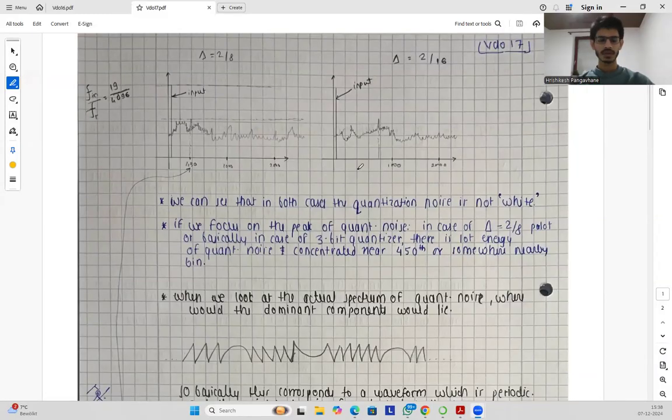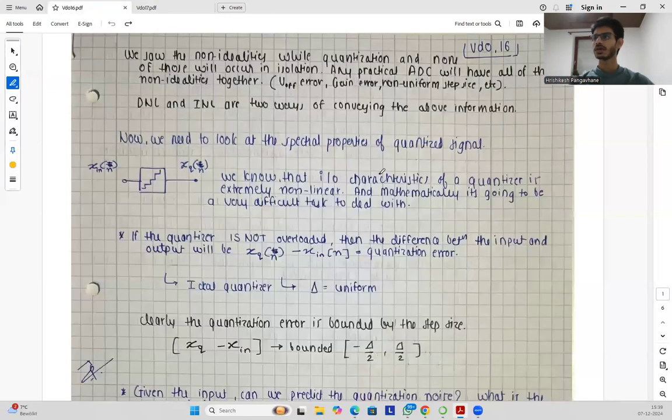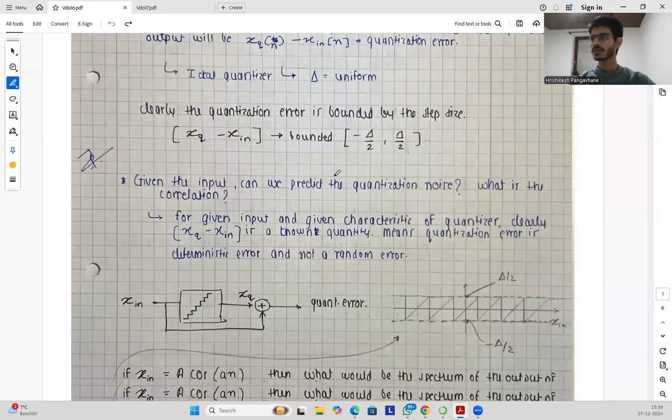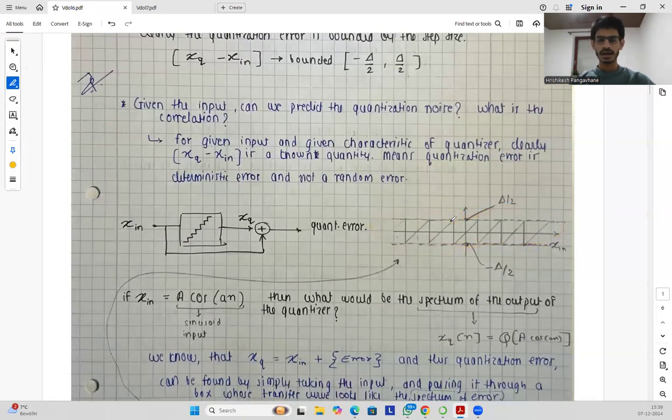Yeah, perfect. So the thing is, yesterday we saw a few things. We talked about the quantization error. We analyzed the spectrum of the quantization error, and we found a new approach to look at this as if we have a sine wave input, and along with that, we have the quantization noise.